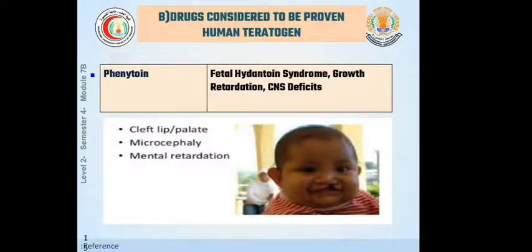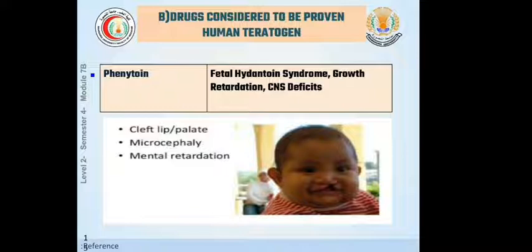Phenytoin is an anti-epileptic drug used if the female is epileptic and gets pregnant and her medication is phenytoin.